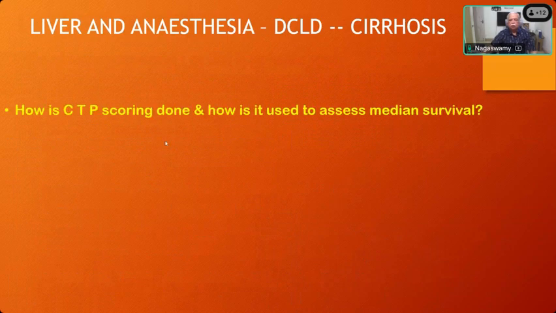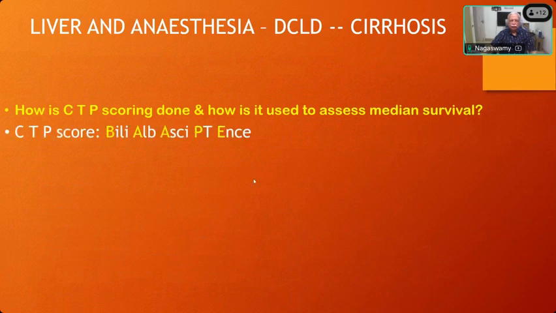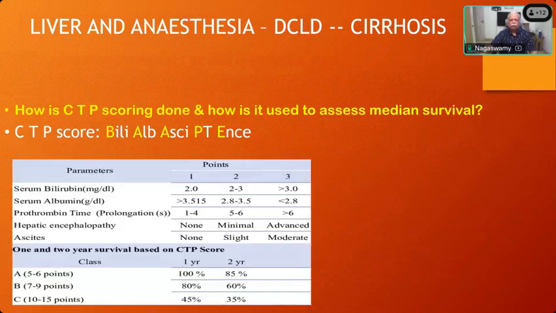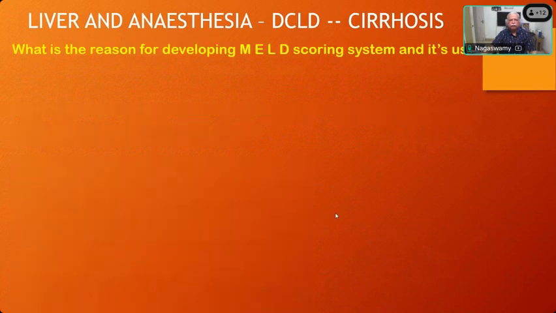Now, how is CTP scoring done? How is it used to assess the median survival? We have already seen. These are the factors taken into that: bilirubin, albumin, ascites, and she has already told about these things, and group A, group B, the 1 year mortality and second year mortality, all are being taken into consideration.